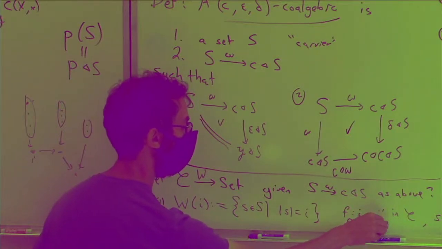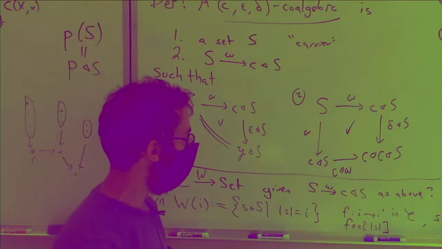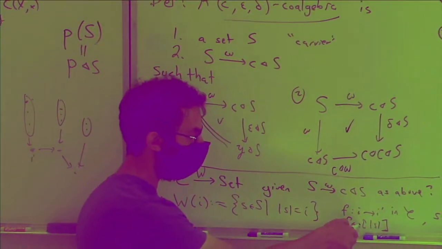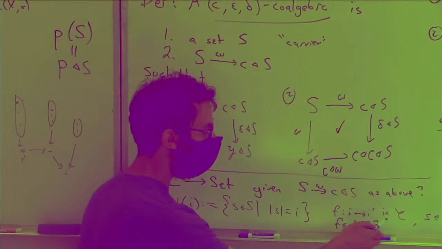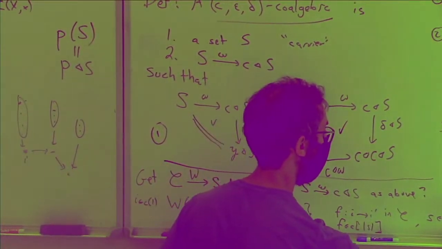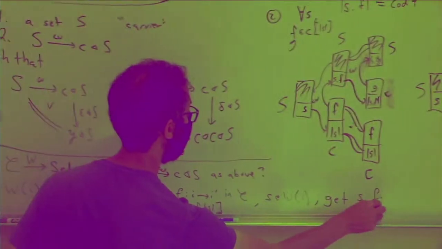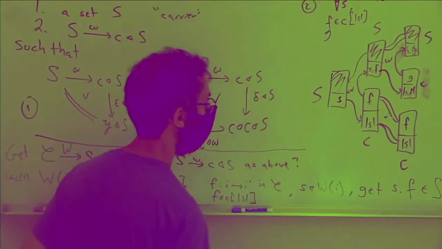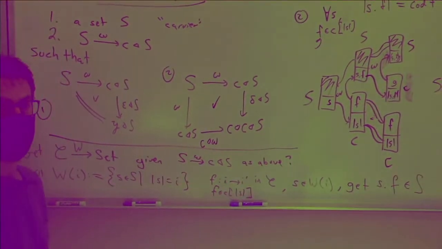I shouldn't have gone so low, I guess. I have some f outgoing from that object in C. So I can apply it, s dot f. And that's a new element of S. And that's what I needed.